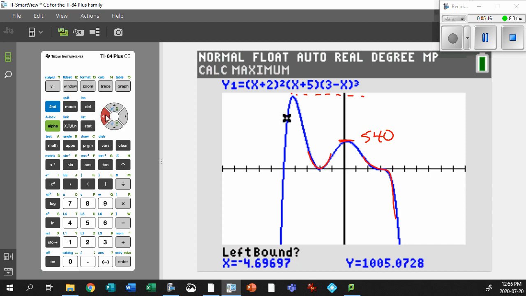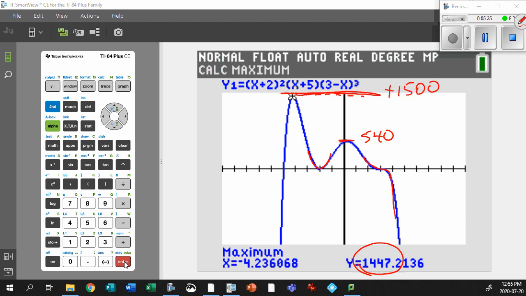There's my left bound. There's my right bound. Oh my goodness, guess, and look at that. I'm at 1,447. Oh my goodness. So you can tell that I put out here at probably plus 1,500, minus 1,500 for a window setting.